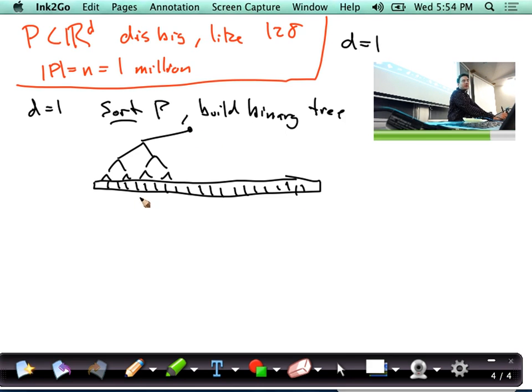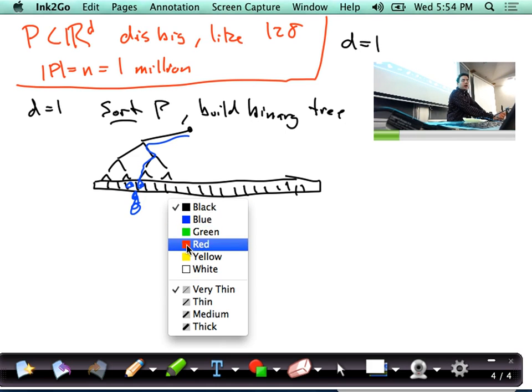On search, you want to find some value Q, and because these are sorted, Q is some point here, and you go down the binary tree based on Q, and one of the nearest neighbors is one of these 2 points. So, pretty simple. This is basically the thing to do in one dimension, unless your data is really big.